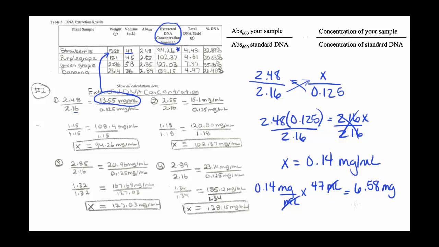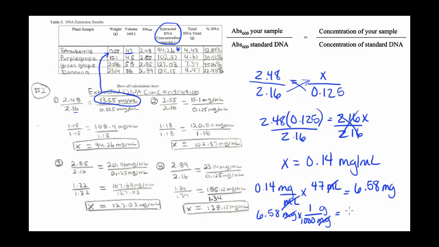We really want to convert that into grams, and so that is your next step. And so we have 6.58 milligrams, and to convert that into grams we would put milligrams on the bottom, so those units will cancel, and then grams on the top. And in 1 gram there's going to be 1,000 milligrams, so we can cancel these units, and now we basically have 6.58 divided by 1,000.